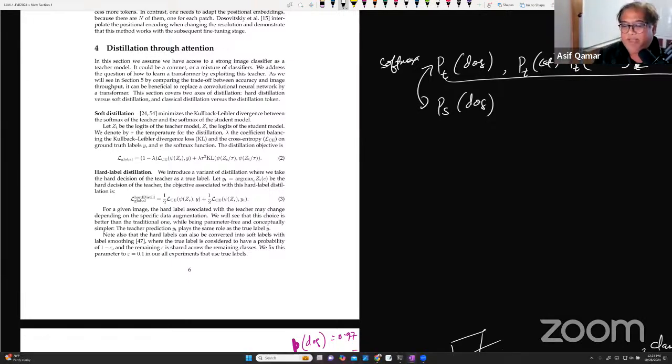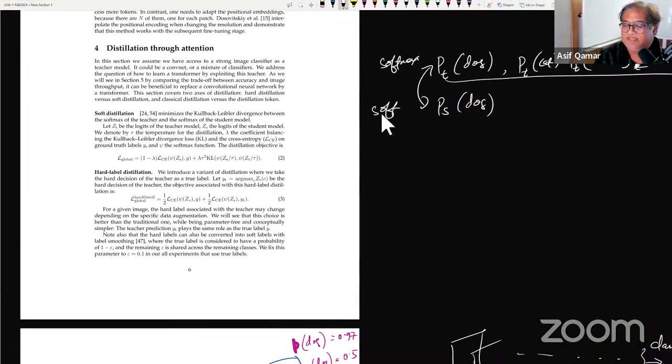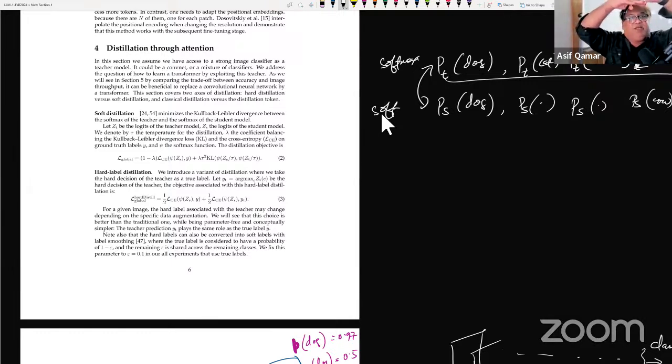And the student will also produce exactly that: a P student for dog, a P student for cow, right? It will produce all of that. And what you want is, if the student has to mimic the teacher, each of the probabilities should be close, right? So the measure of loss between two probability distributions, the common one that people use because it's easy, is the KL divergence.